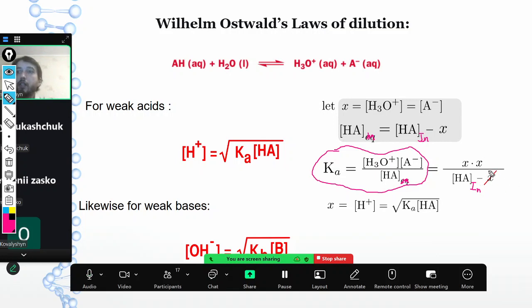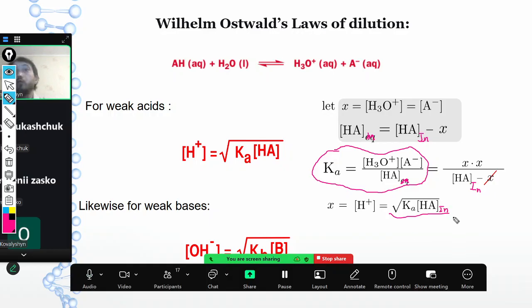If this x is small compared to the initial concentration, which is pretty reasonable for weak acids, we can write down the equation for this x and find that it is equal to the square root of Ka times the initial concentration of HA.